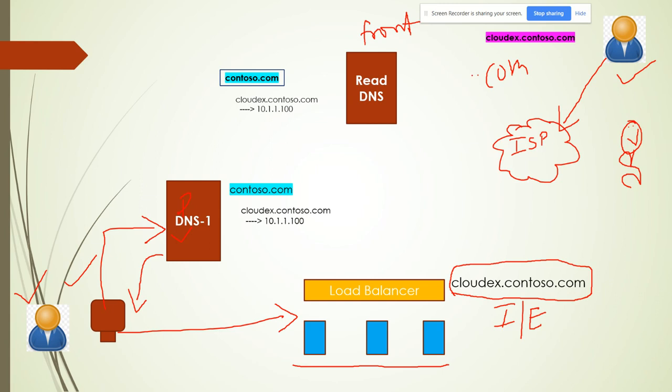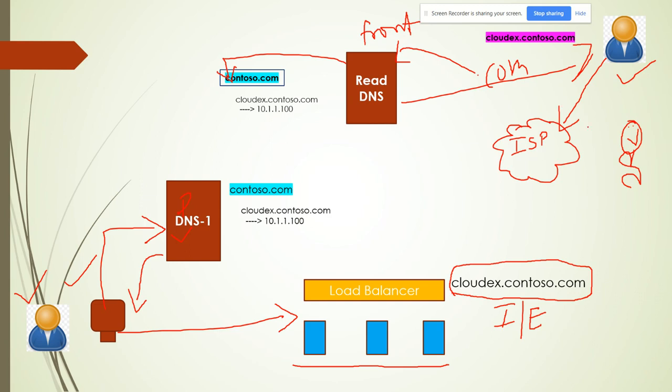Then .com gives the reference of your contoso.com. It reaches your read-only DNS server, which reads what your query is: cloudx.contoso.com. Okay, I'm hosting cloudx.contoso.com. So it will resolve the name from here and give the response to the client or its DNS server.